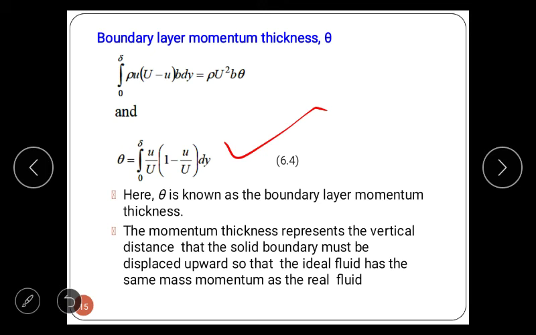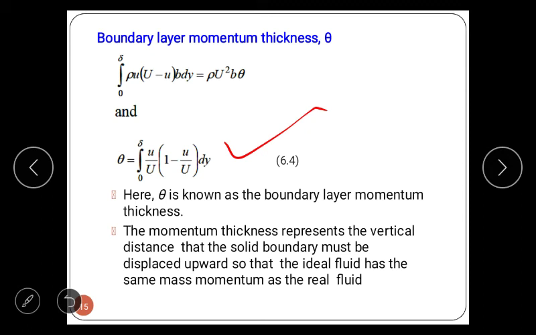Here theta is known as boundary layer momentum thickness, and the momentum thickness represents the vertical distance that the solid boundary layer must displace upward so that the ideal fluid has the same mass momentum as the real fluid.